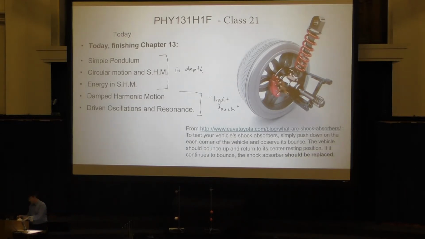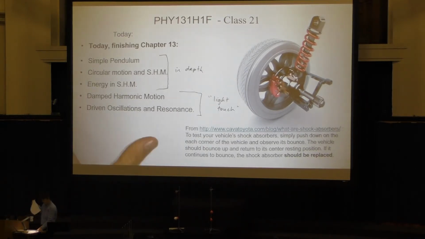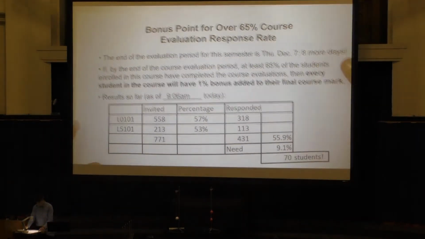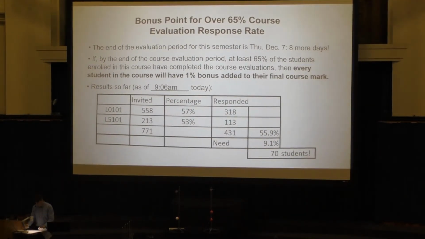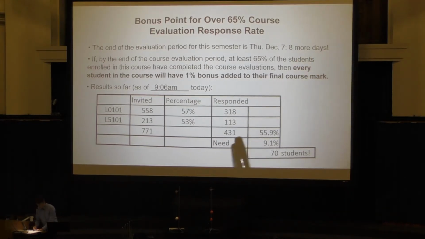I also want to say that I believe there's hope. And this is why. You're at 56%, and there's 8 more days to evaluate this course. So if you do the math, 771 students, we only need 9.1% more.